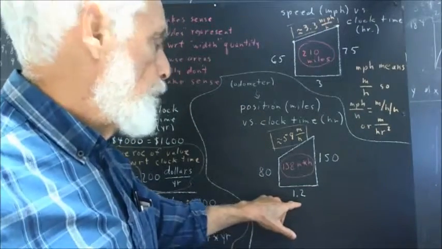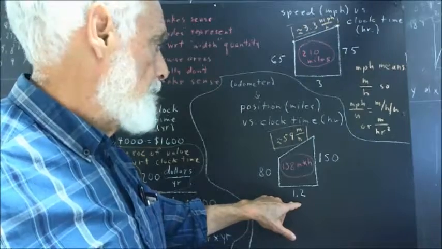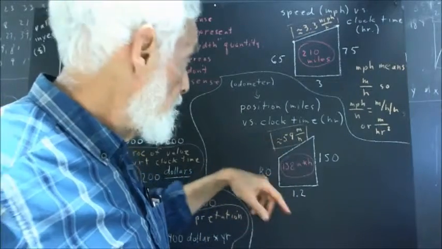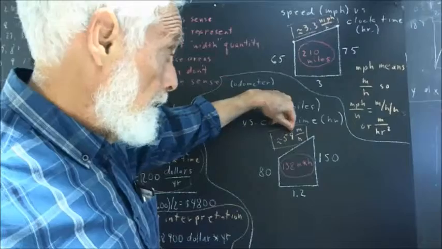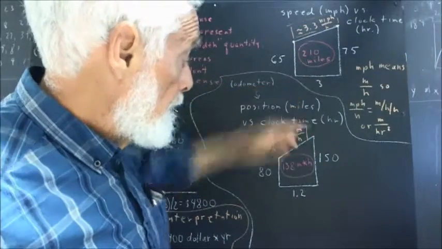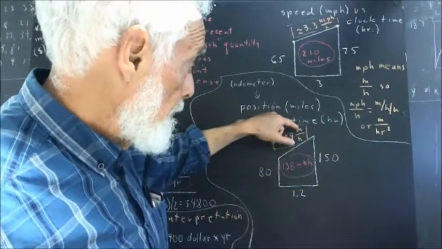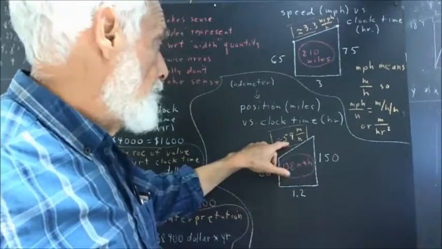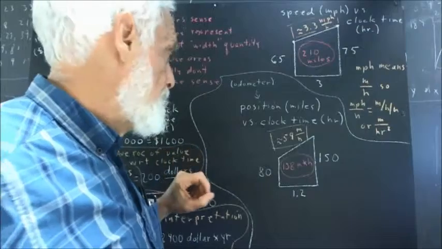And you divide that by 1.2, and I believe that comes out 58.83 repeating, which I rounded to 59, and it's going to have units of rise in miles divided by run in hours, miles divided by hours. So that's 59 miles per hour.